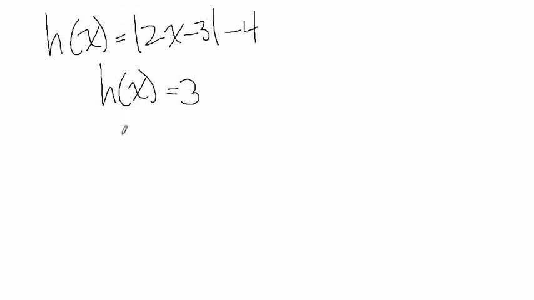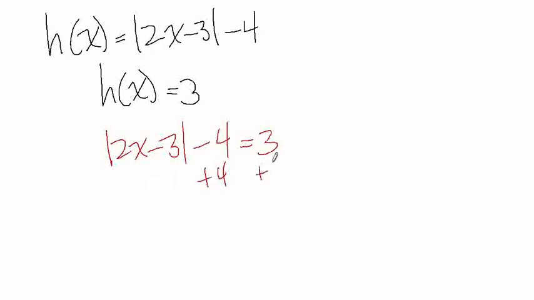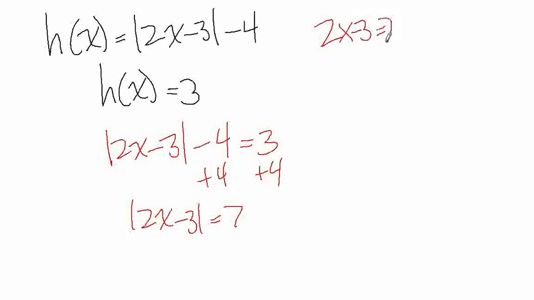Okay, I'll go ahead and solve it myself. So we want the function equal to 3. So that means that we want the absolute value portion equal to 7. And that will occur when 2x minus 3 is equal to 7, or when 2x minus 3 is equal to minus 7.